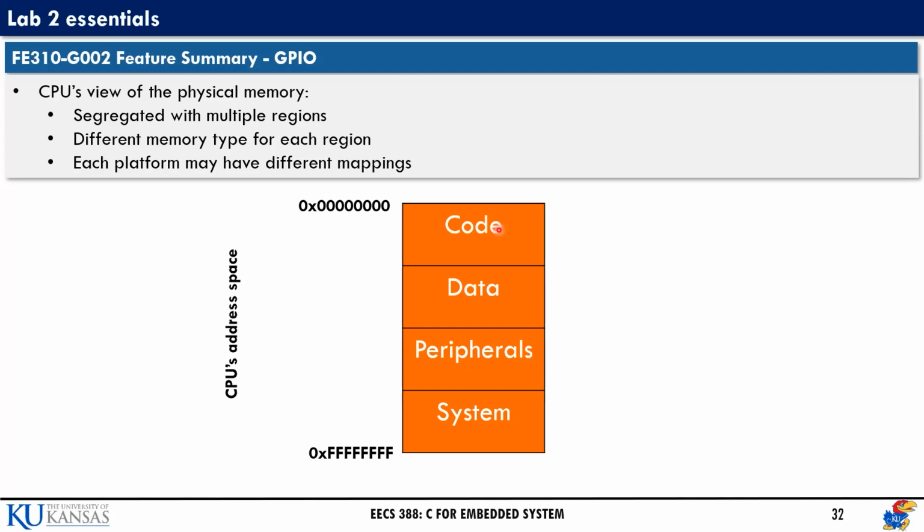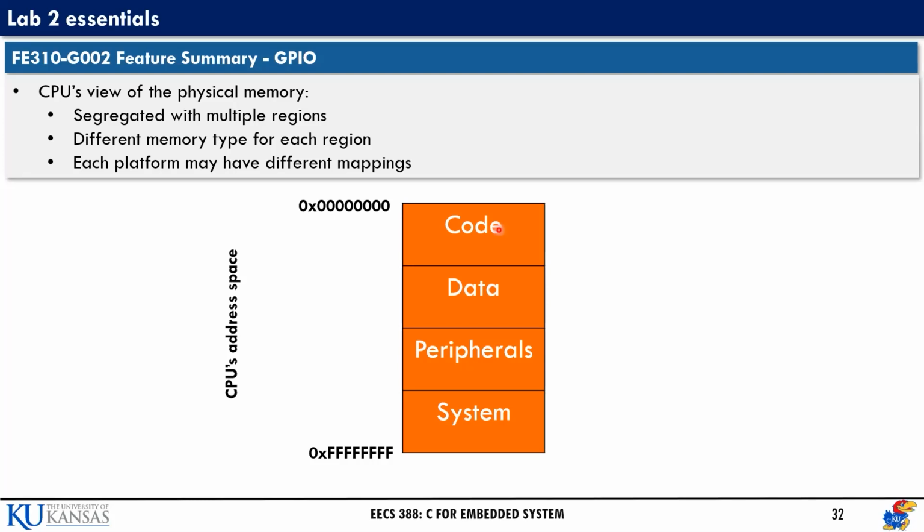And for example, the code segment is often marked as read-only to prevent accidental overwriting, because we don't want our program to suddenly stop because of accidental overwriting. But the data segment can be read-write, right?